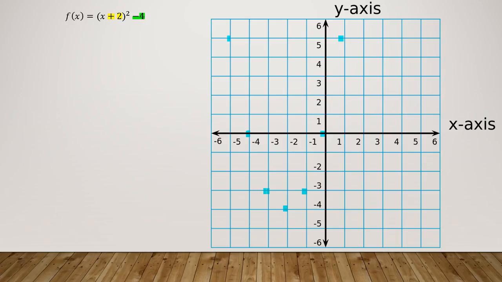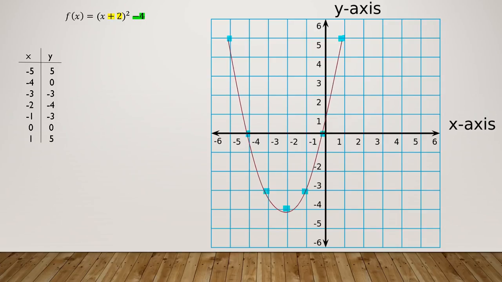The function has the parentheses around it, and those parentheses are together. So that means that you have a horizontal shift. And there's your points. I had to double them, make them show up better with the turquoise color. There we go. There's your function.